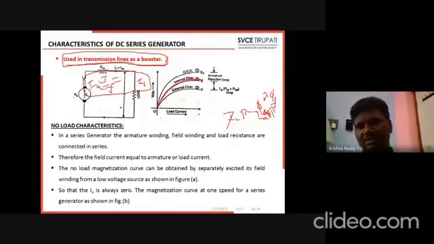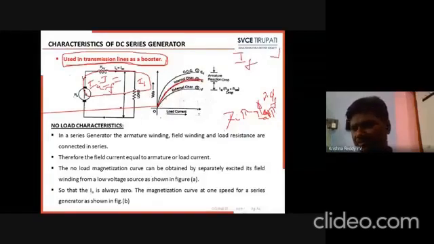Because in the previous case, the field current and load current are different, after getting the rated voltage we plot the graph from this point. Initially there is rated voltage before load condition. This is armature reaction, and this is armature resistance.